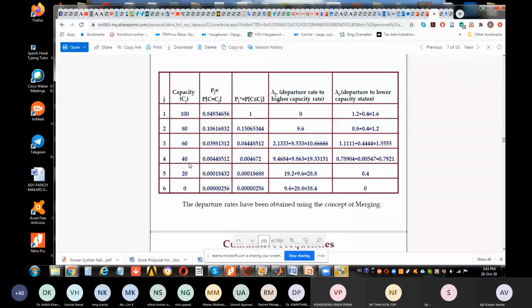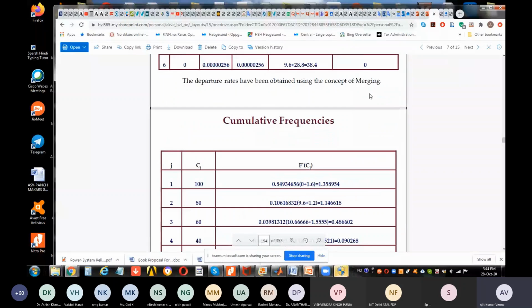Anyway, you can refer back to the analysis that we have done earlier. So there are two possibilities and therefore two transition rates, and you sum them. And then departure to lower capacity state is not possible from 0, so you have nothing. So now you have the departure rate to higher capacity state and the departure rate to lower capacity state.